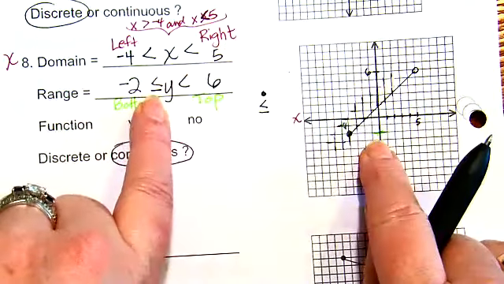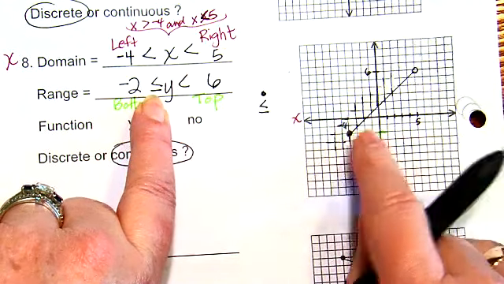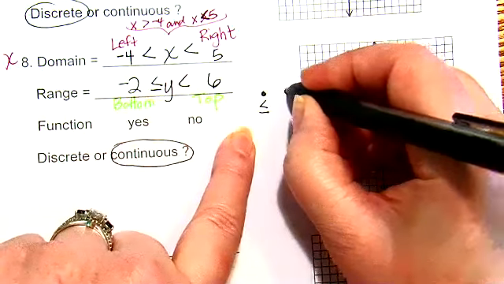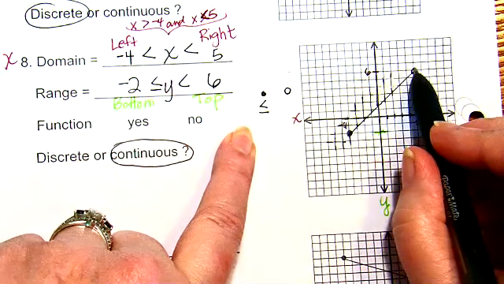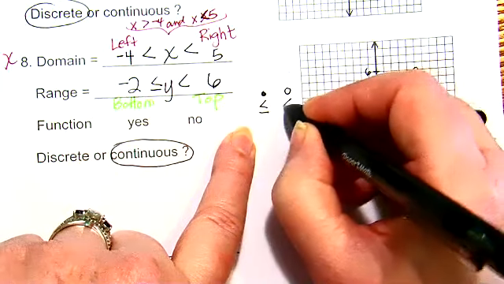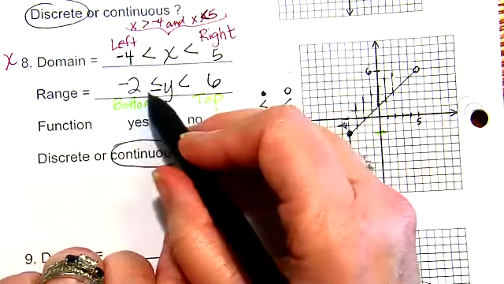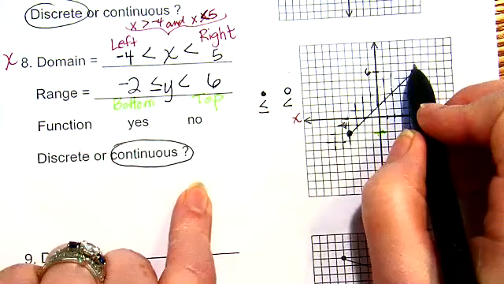So down here at -2, it includes the -2. It gets included when you fill in the circle. Now up here at the 6, that's open, so I'm going to keep it open at the bottom. It does not have the line. So at the -2, we use the line, and at the 6, we don't.